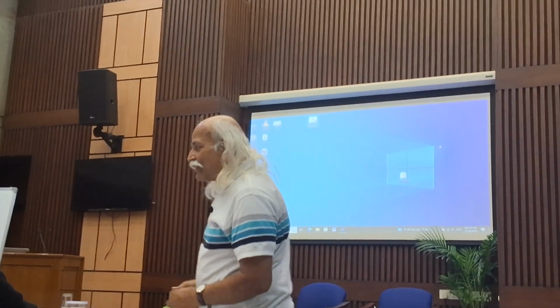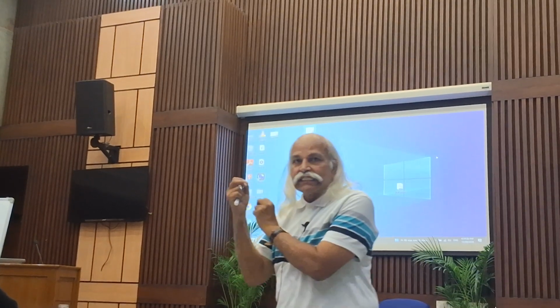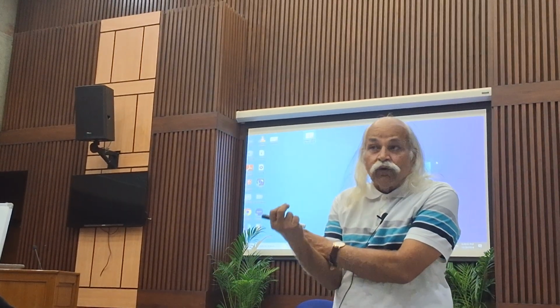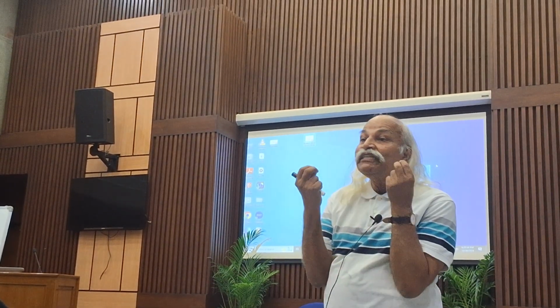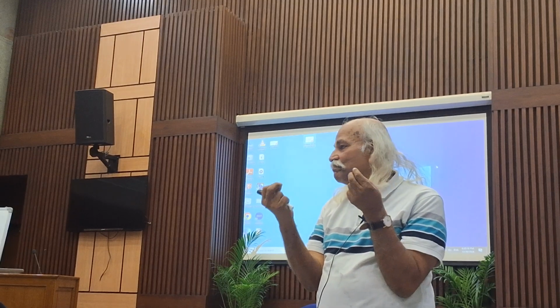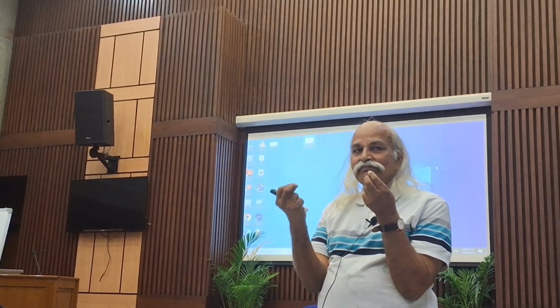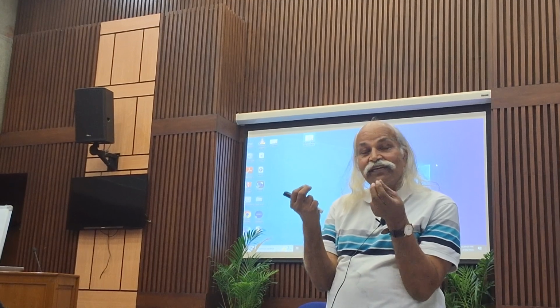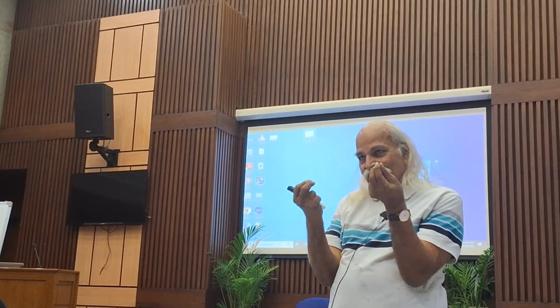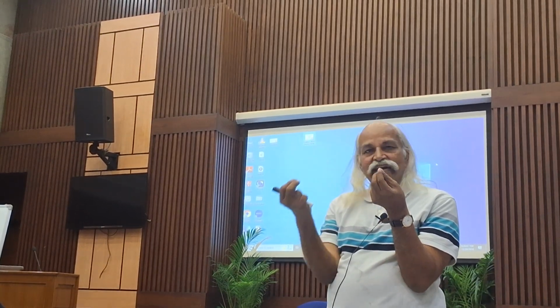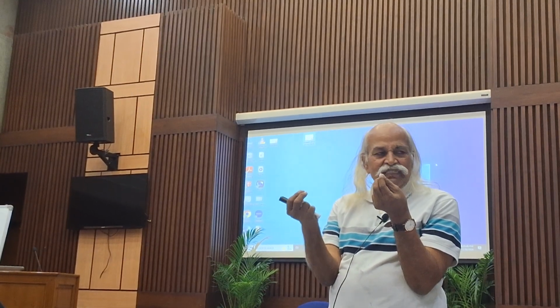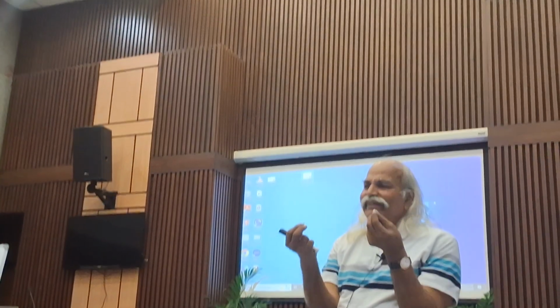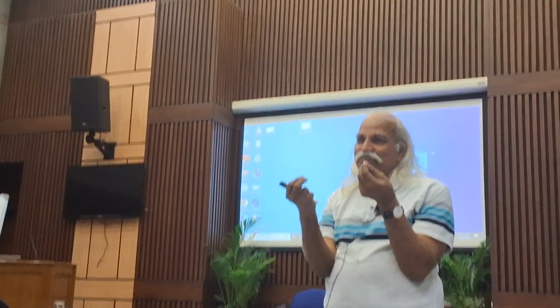Okay, but this definition only tells me the difference in potential between the two points. It only tells me the difference. It doesn't tell how much was V at P and how much was V at Q. And we say that it doesn't matter. It's Vp minus Vq which is important.